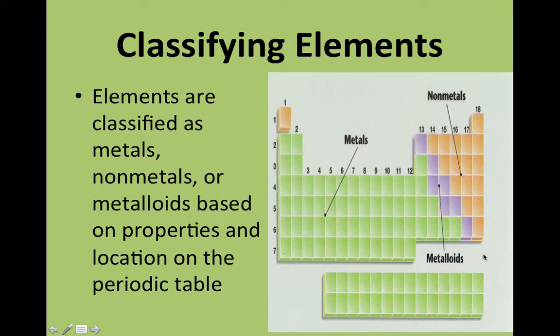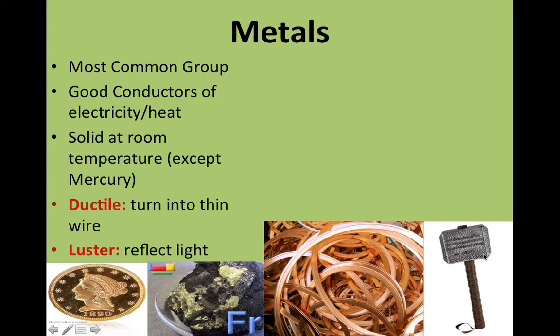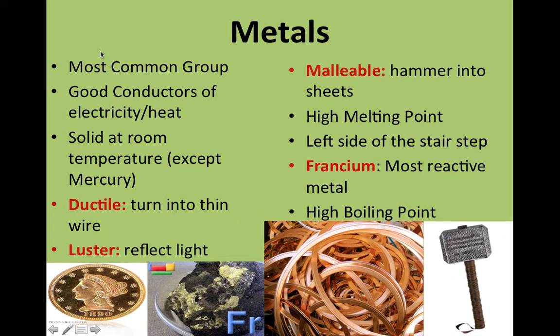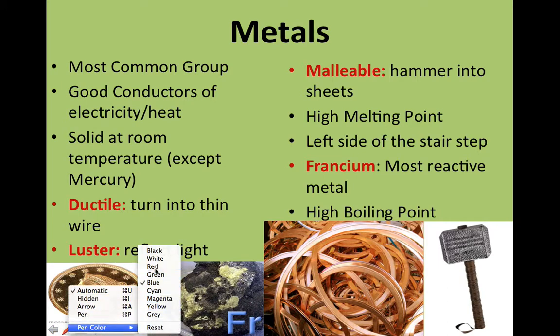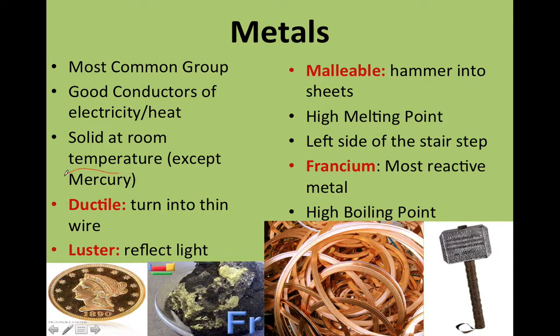So they're the metalloids. All right, so let's talk about characteristics of metals. They are the biggest group, the most common. They are good conductors. They are solid, except for mercury. Mercury is the only metal that is a liquid at room temperature. Then we have things that are ductile. That means I'm going to take metal and form it into wire. Luster, it shines, it reflects light.